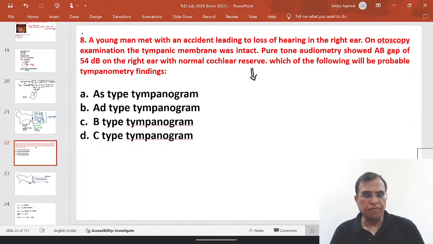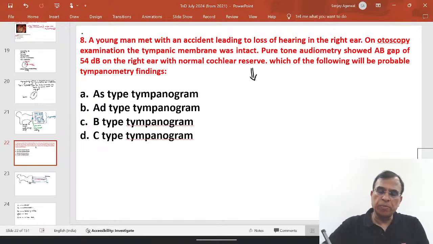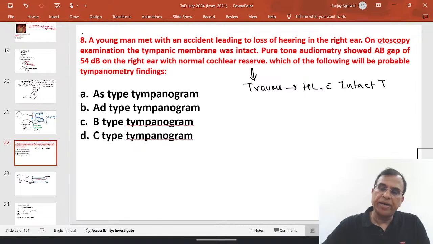So I can see a lot of B. Som Subra is saying B, Aditi is saying B, Ryan is saying B. So this is a trauma leading to hearing loss with an intact tympanic membrane.